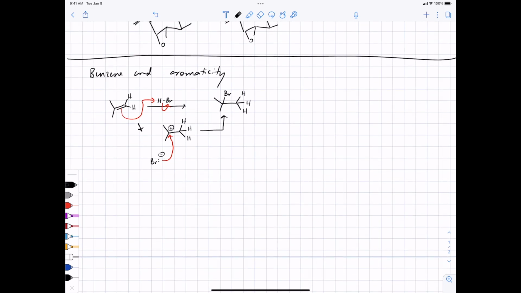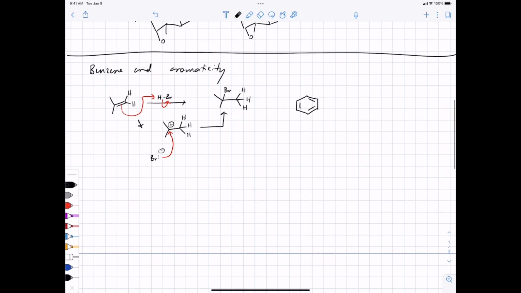We didn't necessarily talk about this at the time, but you've probably seen examples of reactions that involve benzene rings where nothing happens to the benzene ring. So you can take HBr and benzene and nothing happens.